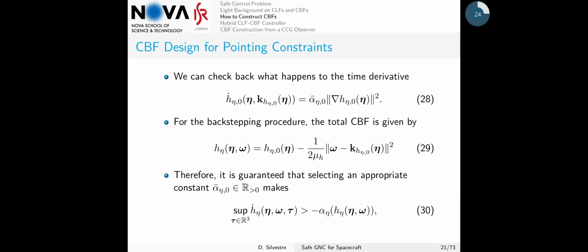And then we can keep on going, plug this upper level controller back into the h dot function, check that it is always positive, and then using the backstepping, in the end, we can verify that the supremum is always greater than this value. And so, of course, we were helped by the fact that these angles are bounded. So in general, this is not going to happen.